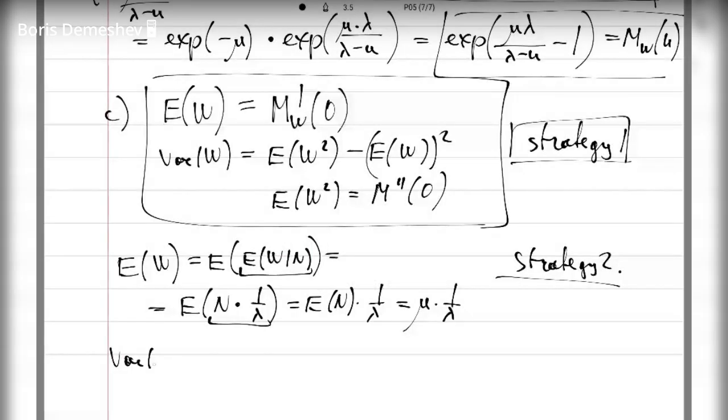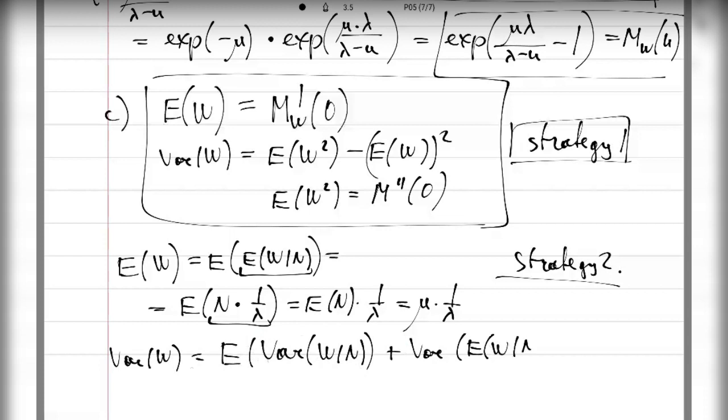To calculate the variance of W, you need Eve's law: the expected value of the variance of W given N, plus the variance of the expected value of W given N. It is the expected value of N times the variance of every term, which is 1 over lambda squared, plus the variance of N divided by lambda.